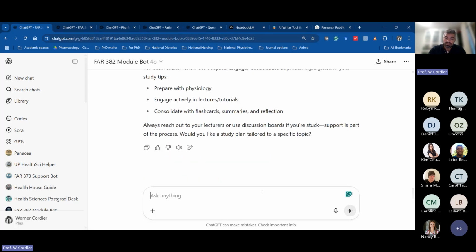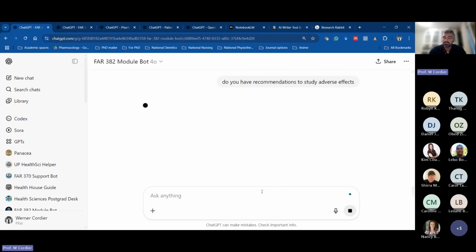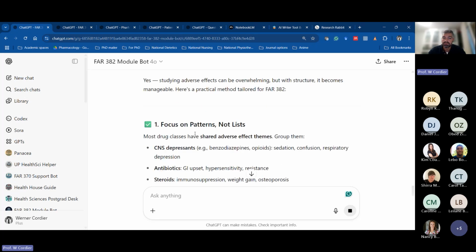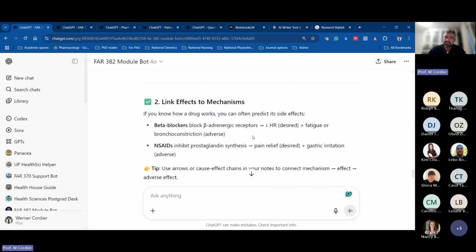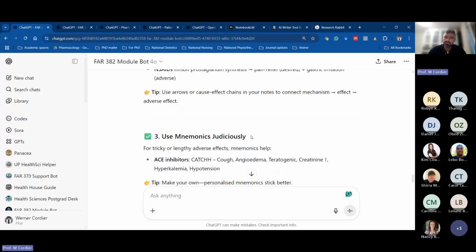I can also ask, do you have recommendations to study adverse effects? And it will pop up some of the recommendations we've made in our documents. So focus on patterns, not lists. Emphasis here is getting once again to the understanding of underlying physiological systems and then linking it to different mechanisms, using mnemonics.